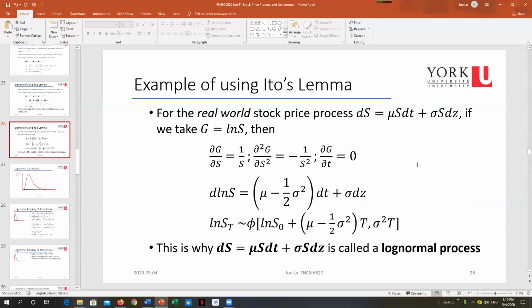Okay, let's take a look at another example here. In the real world, we have this particular process for stock. This example will tell you why we call this process the log normal process.